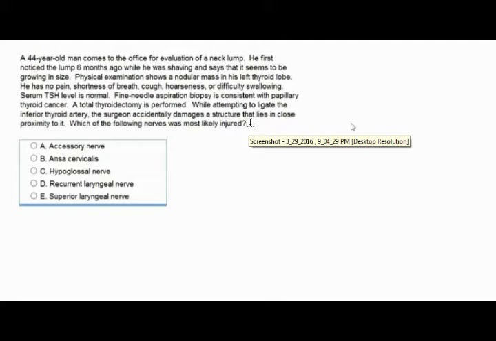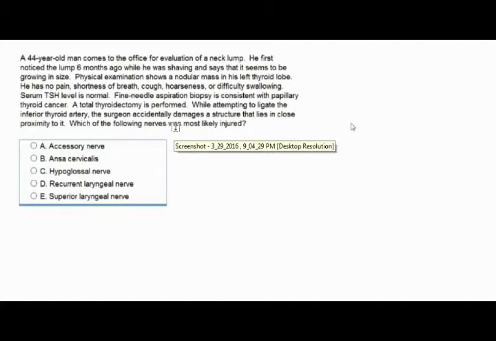So that means a total thyroidectomy is done and the inferior thyroid artery has been ligated, but a structure close to the inferior thyroid artery, which is a nerve, was injured. We don't even need to read whatever is given above. It's a straight application of anatomy: a structure lying close to the inferior thyroid artery.